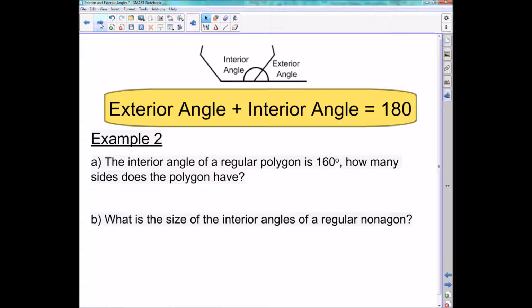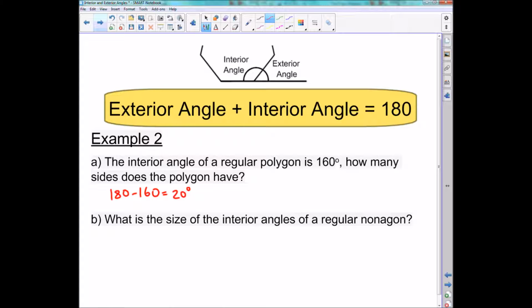So in my second example, I'm told that the interior angle of a regular polygon is 160 degrees. And I'm asked to find out how many sides this polygon has. Well, usually interior angles are a lot harder to find sides out from. So really the useful angle is exterior. So what I'm going to do is take 160 away from 180, which is 20 degrees, to find the exterior angle.